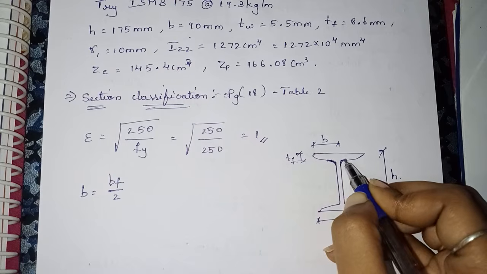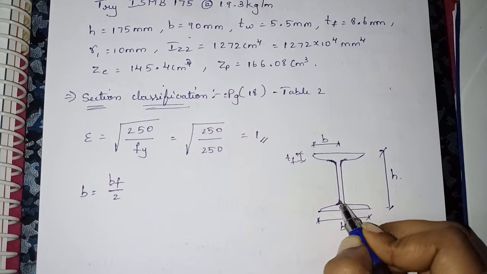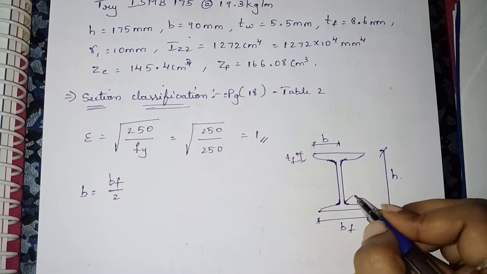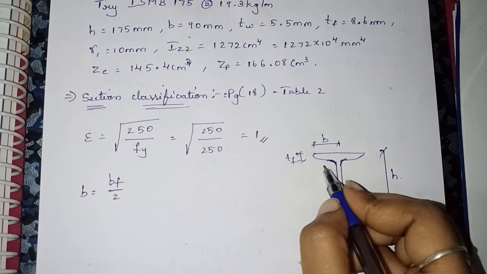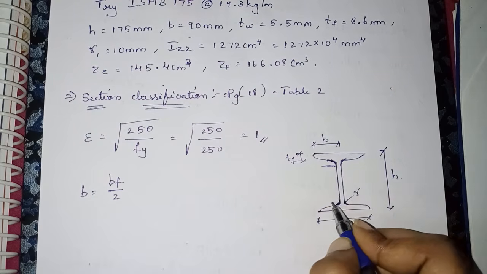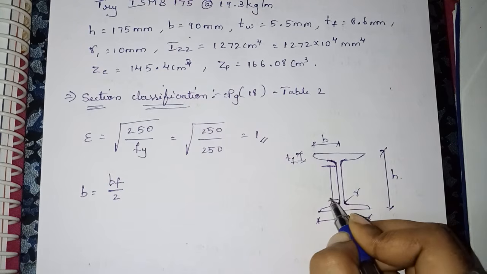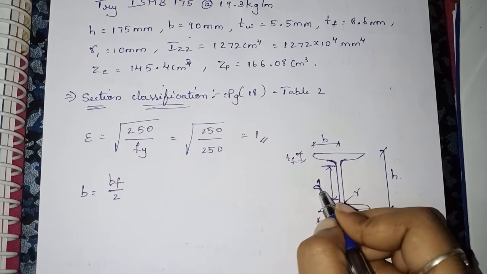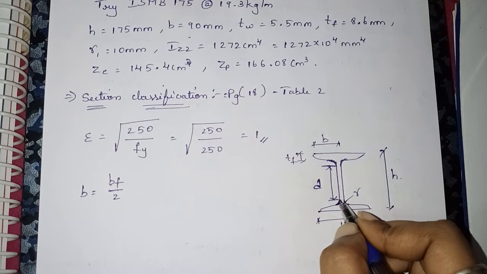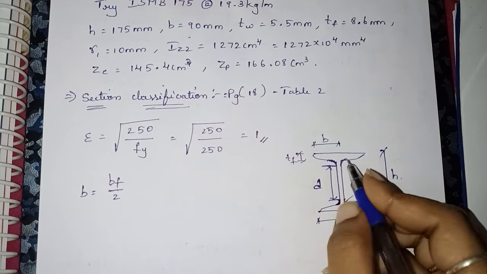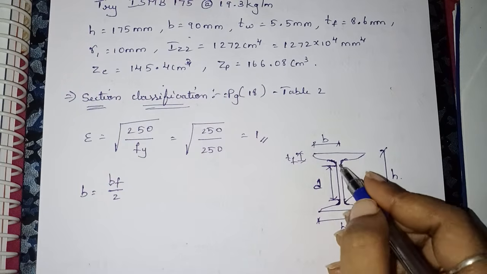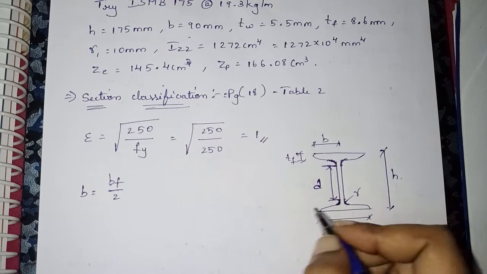It is not a straight line like this, you have a circle over here, and the radius of this curve is R. Now where the circular portion ends, from there till here, that is d. This is the very straight portion of the web, which we will take as d.